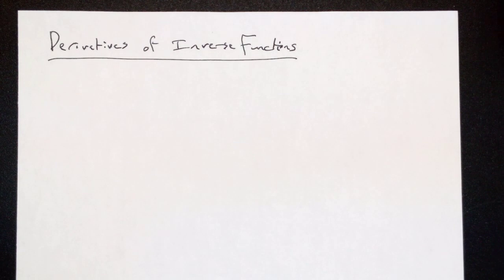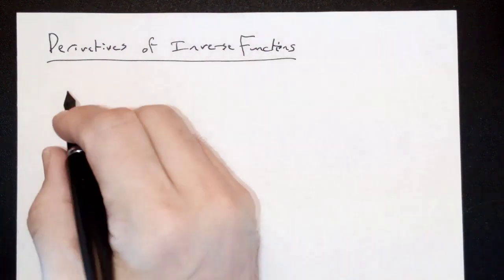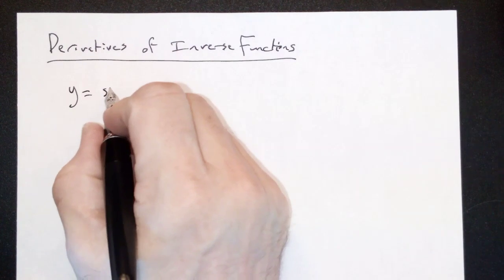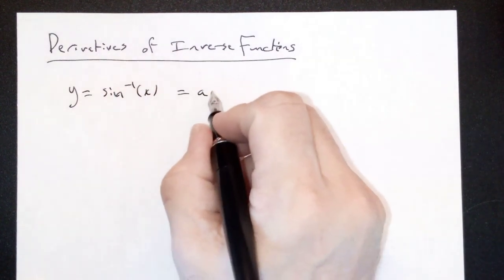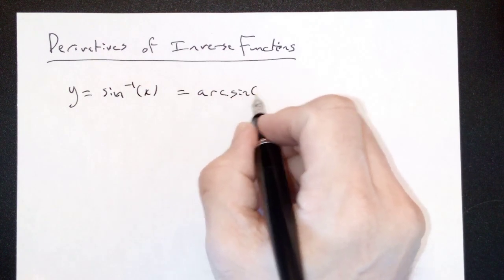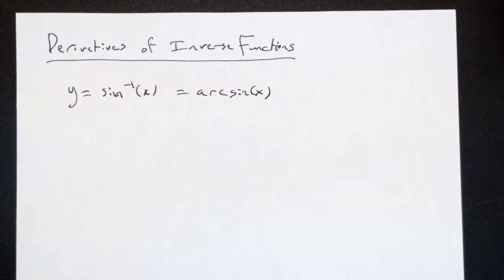I want to put my chain rule to use a couple of different ways. I think one of the most direct is to talk about inverse functions. So when I talk about either the sine inverse, or as it's sometimes known, the arcsine function, what does that function do?